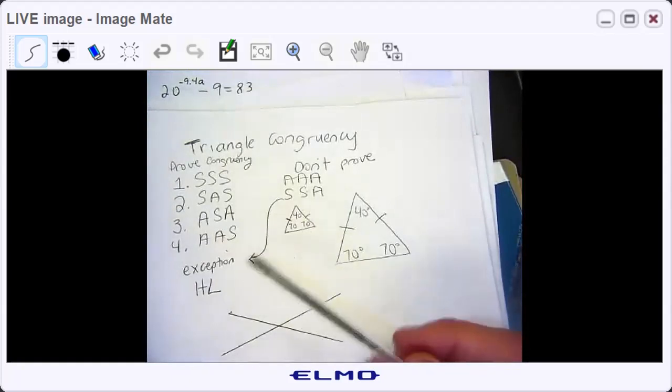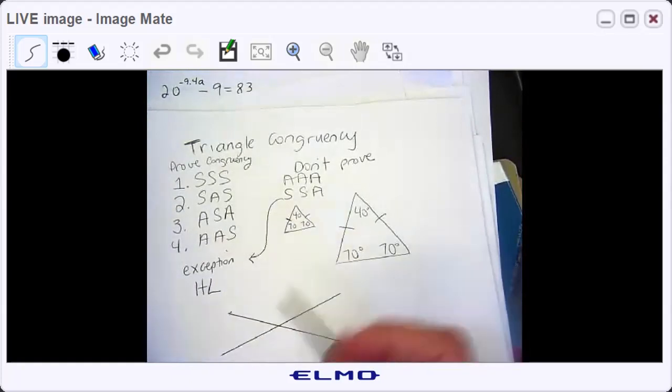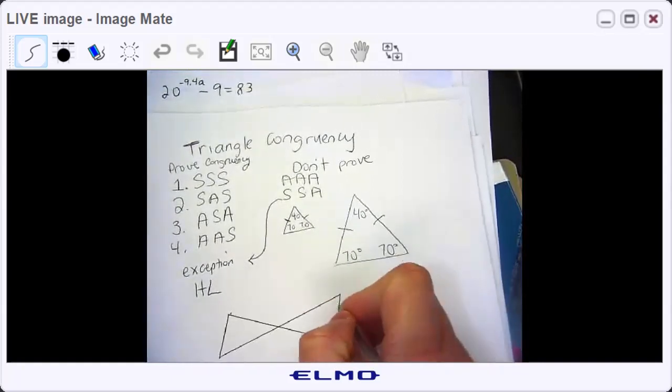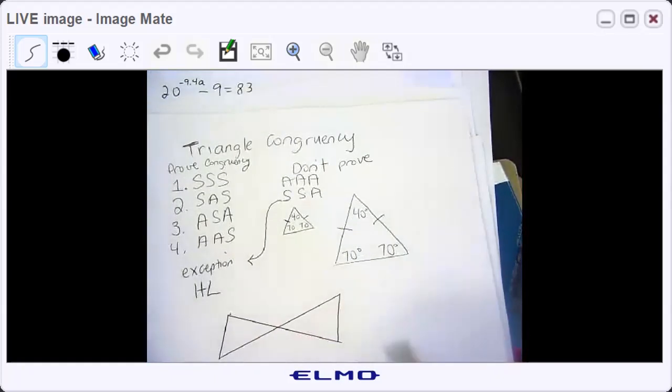And if you have less than 3, you can sometimes add markings depending on the situation. And you can't just add them because you feel like it. It would have to be because maybe you had parallel lines, and you could add some alternate interior angles. It could be because you had shared sides. We can add that by the reflexive property.